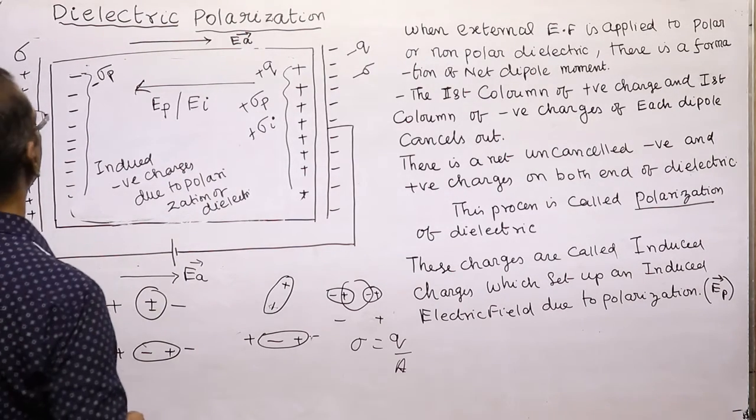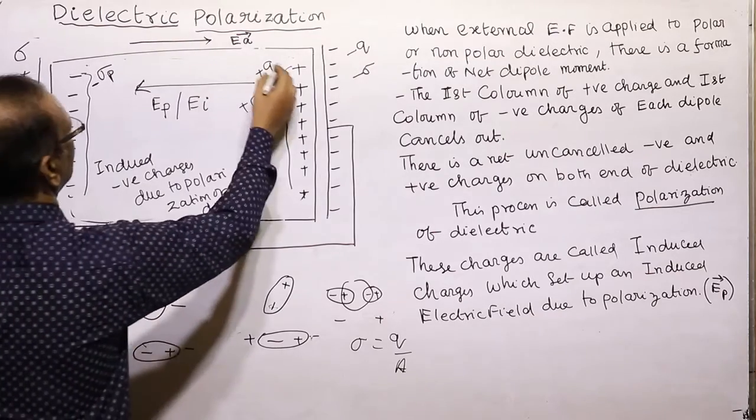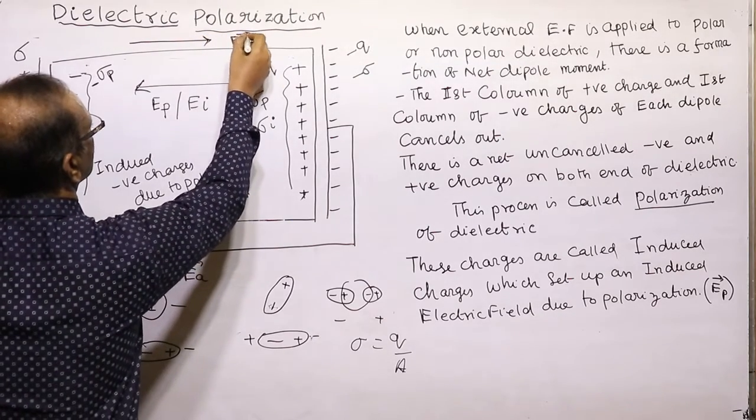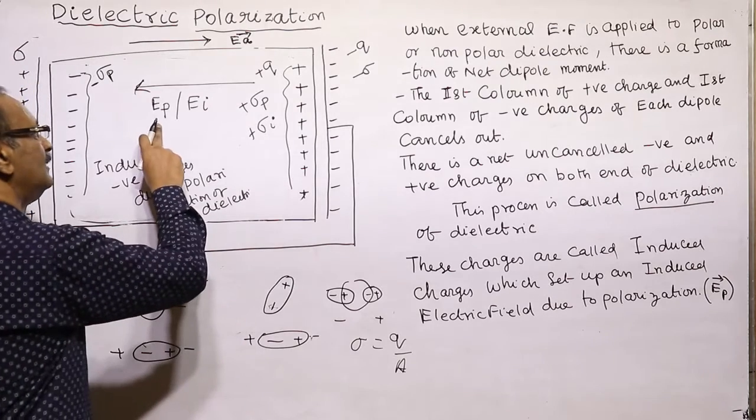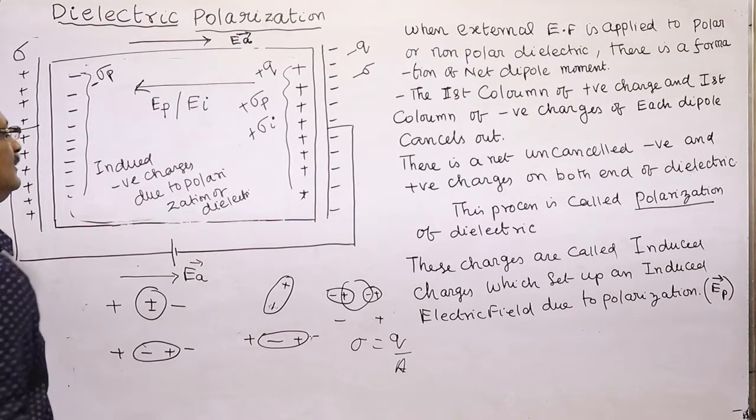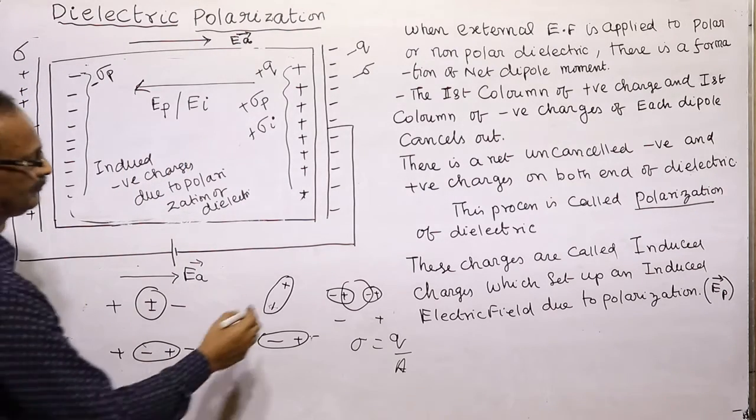Whereas the applied electric field is from positive to negative in this direction, EA. So the applied electric field and the polarized electric field due to the polarized charge are in opposite directions.